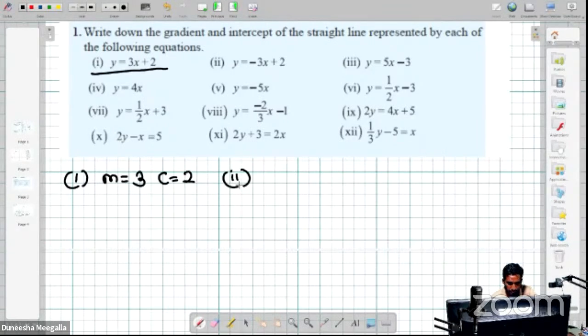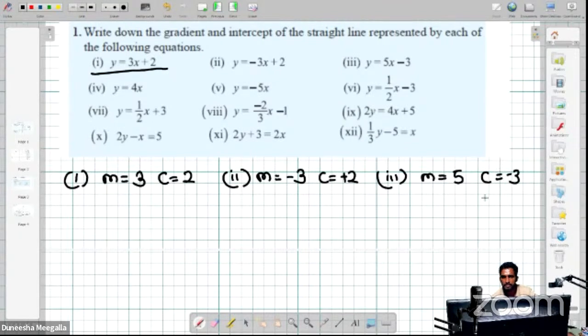Second one: m, the gradient, is -3, and c is +2. Third one: gradient is 5, intercept is -3.